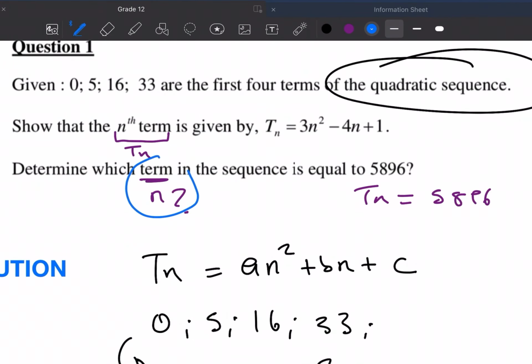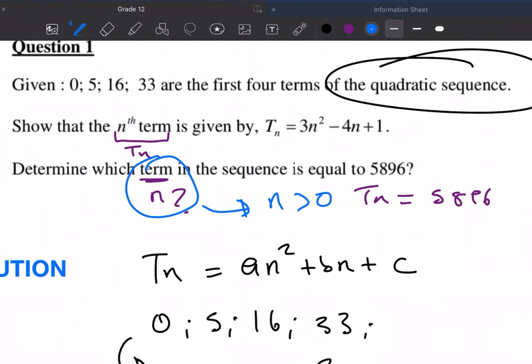Okay, so what you need to know here is the term n. There are rules about it. Number 1, n can never be negative. Let me put it this way: n is always positive.